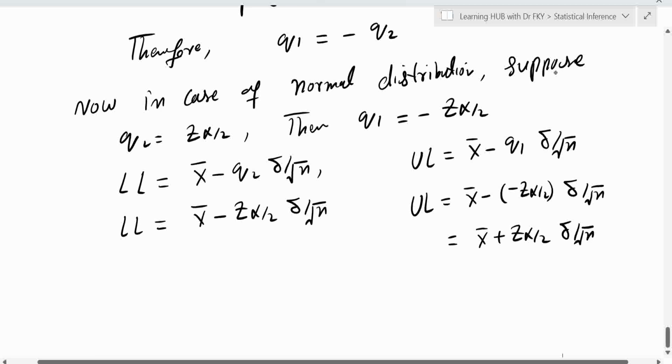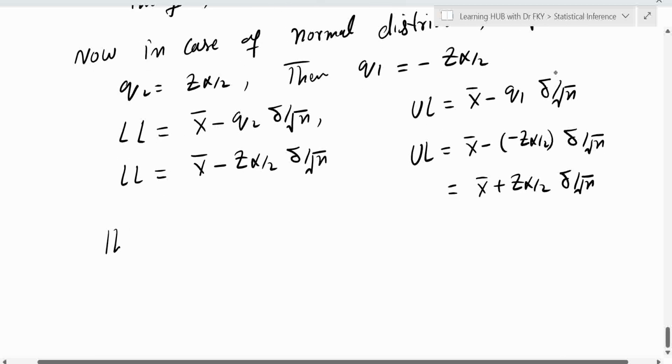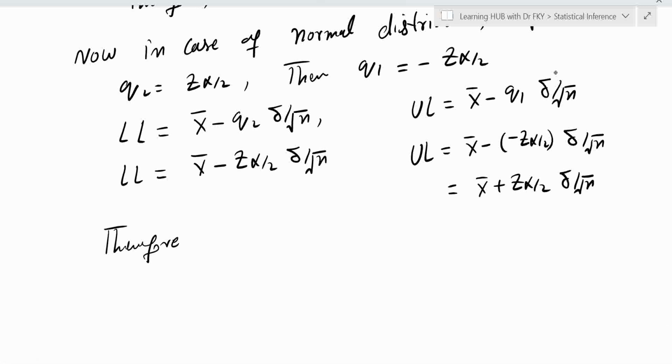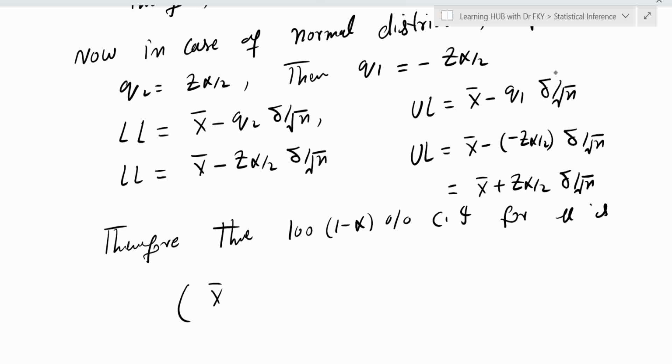Therefore, the 100 times 1 minus alpha percent confidence interval for mu has lower limit x bar minus Z alpha by 2 sigma divided by square root of n and upper limit x bar plus Z alpha by 2 sigma divided by square root of n.